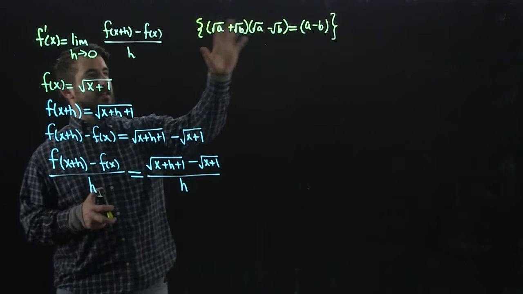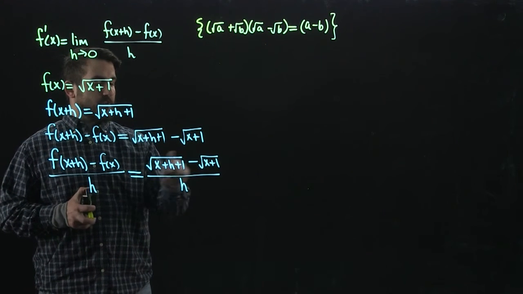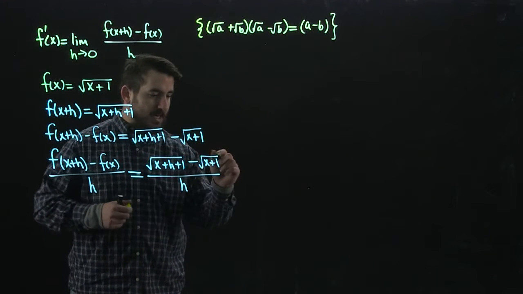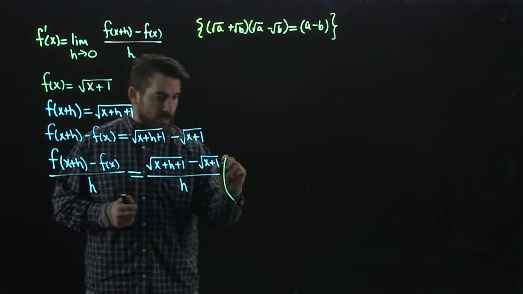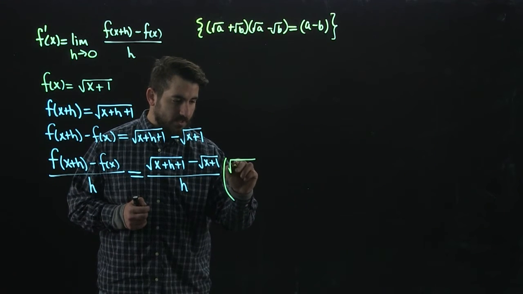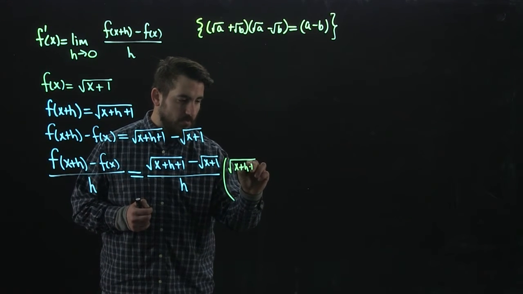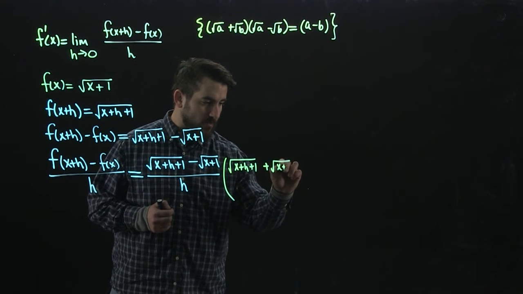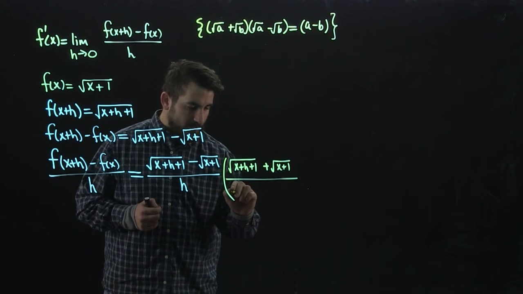So I want to use this idea. I have a square root of a minus the square root of b, so I want to multiply by the conjugate to the top and bottom. That is, I'm going to multiply by the square root of x plus h plus 1 plus the square root of x plus 1 to the top and bottom.